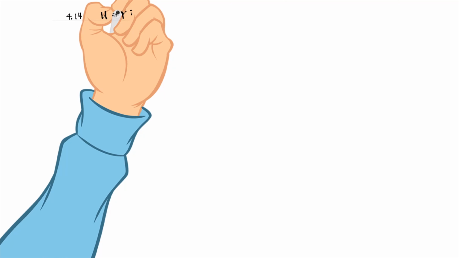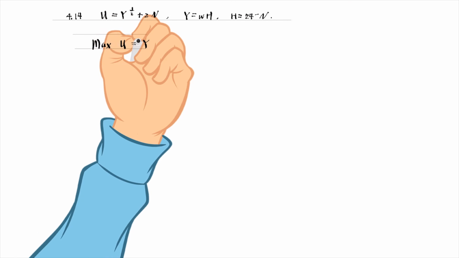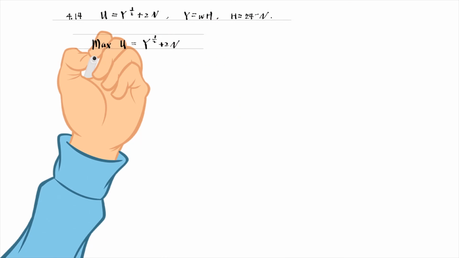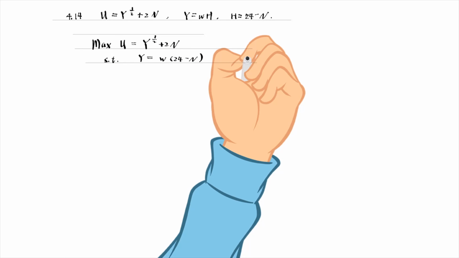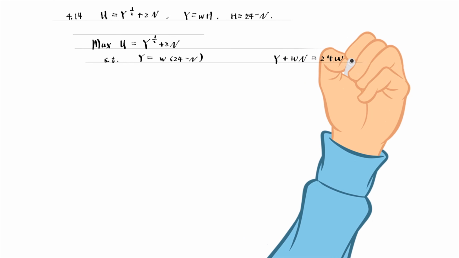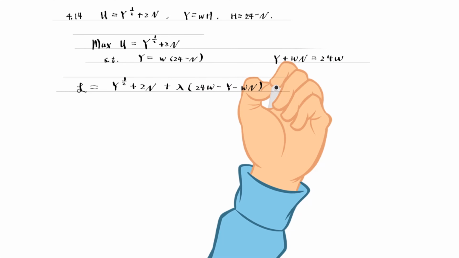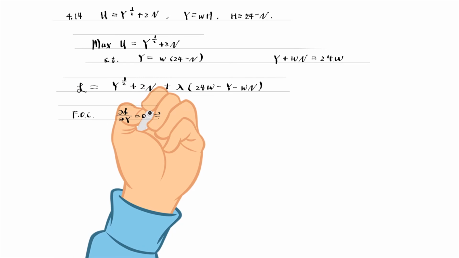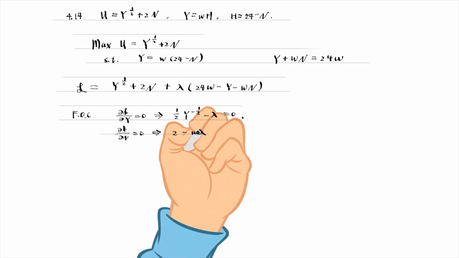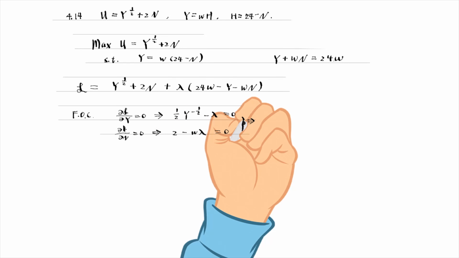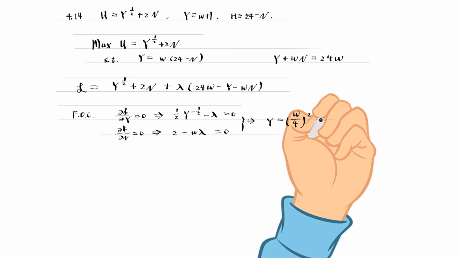We use the Lagrangian method to solve for the optimal choice, subject to budget and time constraints. The first two first-order conditions give the optimal level of y.